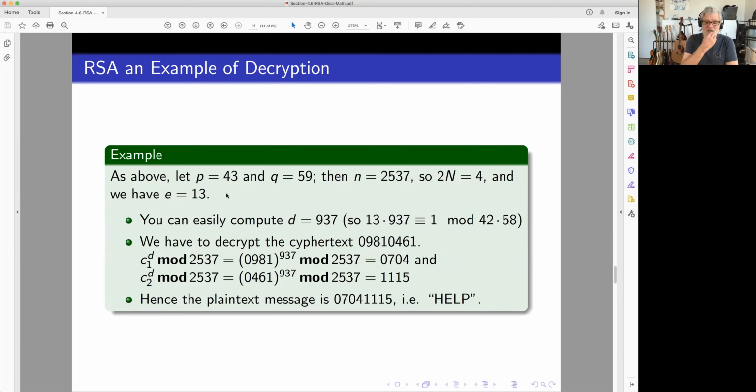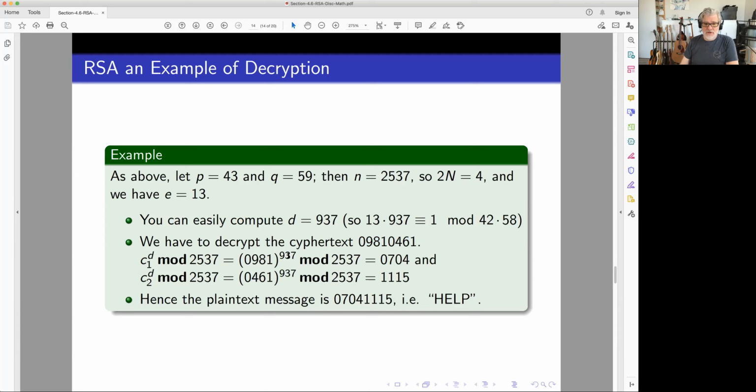Okay. So now we receive the ciphertext. This is what we receive: 09810461. Blocks have length 4. So I'm going to decode each block separately. I raise those blocks to the power D and reduce mod 2537. So the first one is 0981.